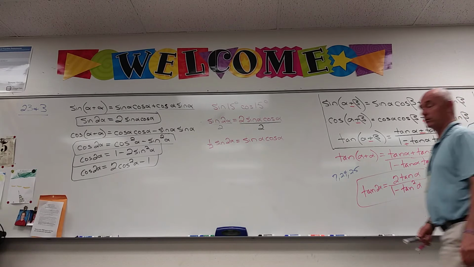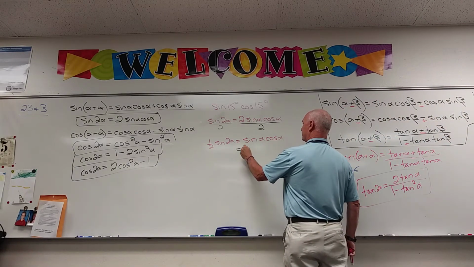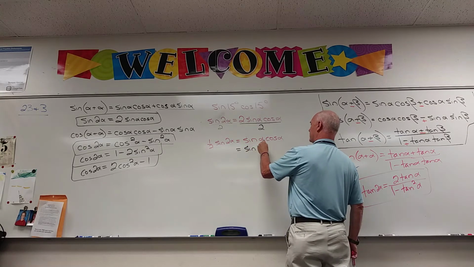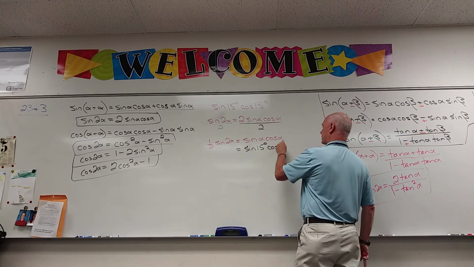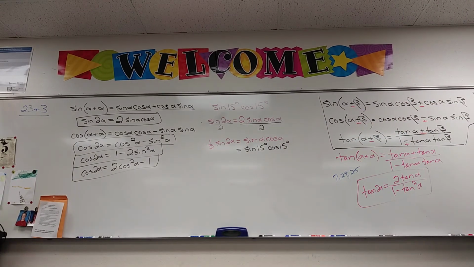Life is good now. Here's why. The original problem up at the very top said sine of 15 degrees, cosine of 15 degrees. See where we're going with this now? When you write it down like this, it gets a lot easier.